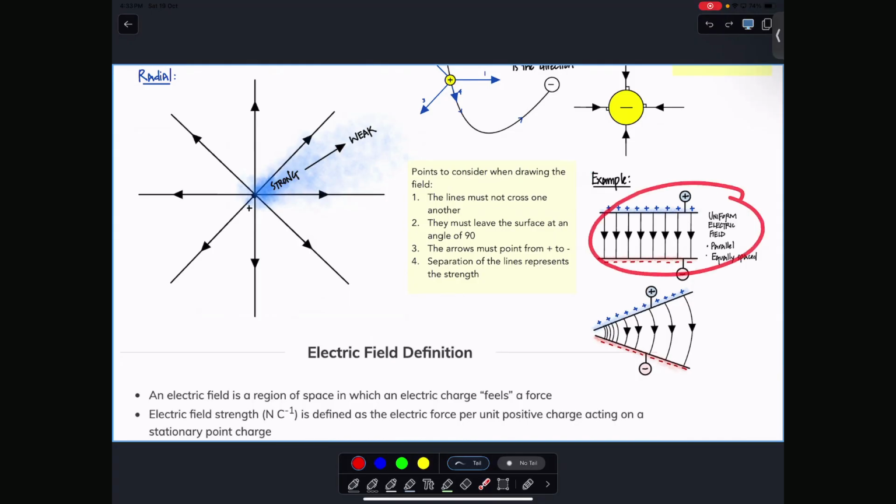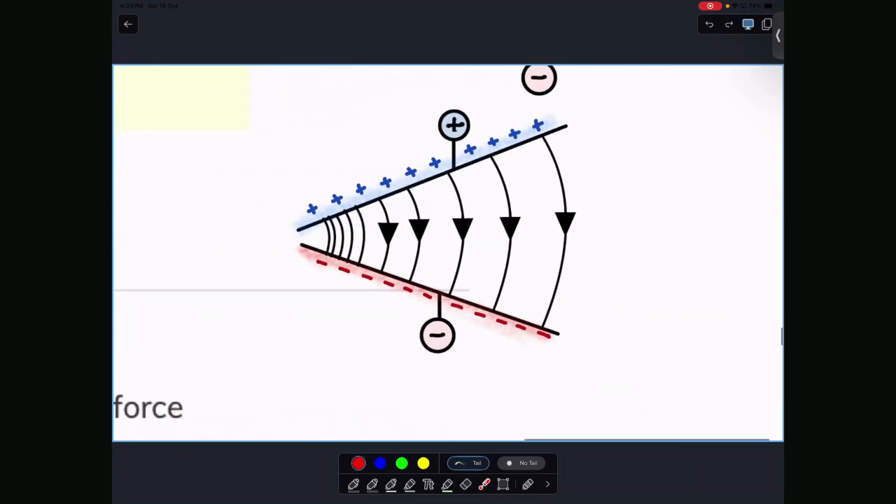This is how a uniform field looks. This is how a non-uniform field looks. In the second field, the field loses strength, correct? So if you go this way, this region here is actually strong, and it's weak on the other side. So it weakens as you go because not only are they not parallel, they're not equidistant, and the spacing is what matters.